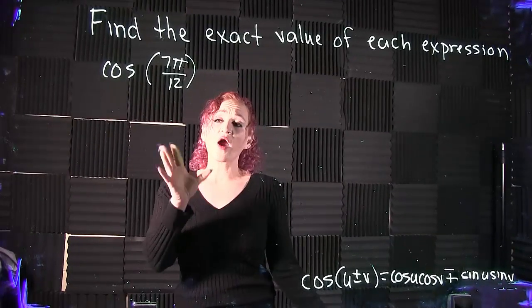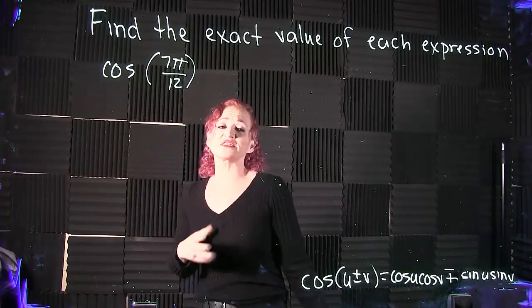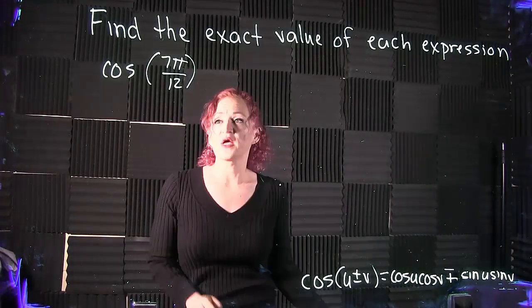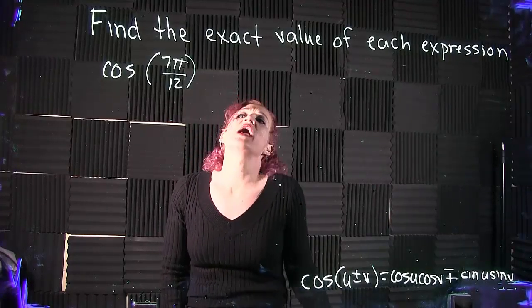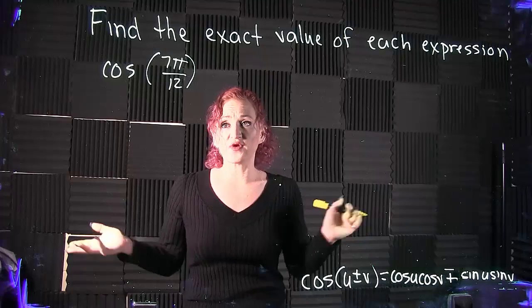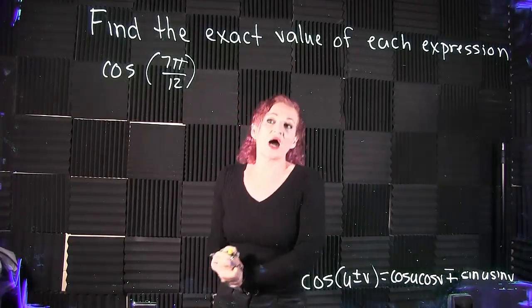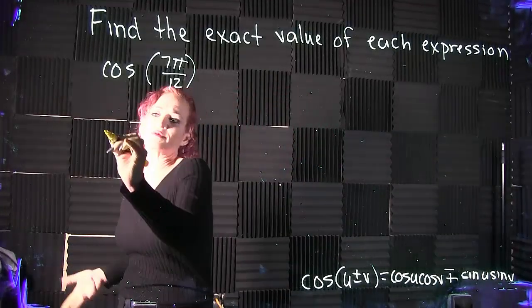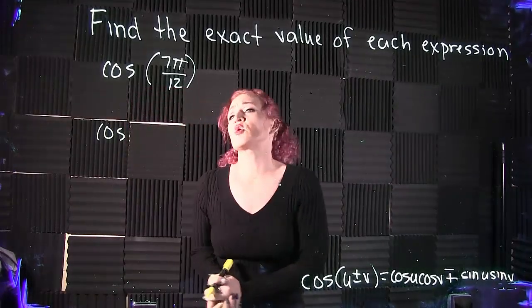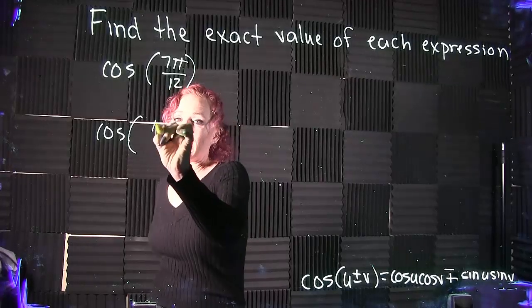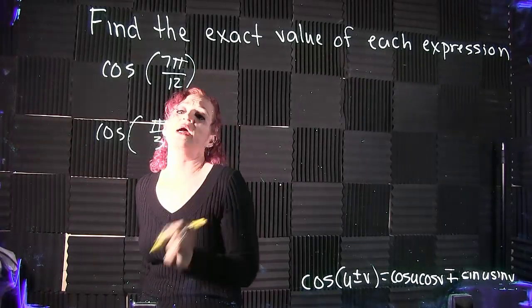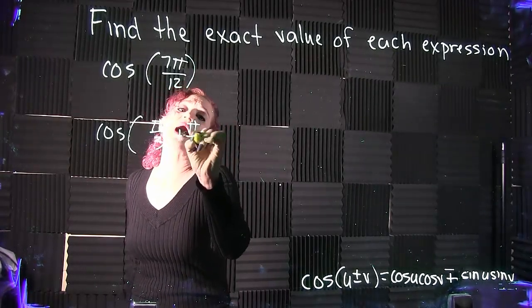For our last example here, we have cosine of 7 pi over 12. Now we need to think about how we can take 7 pi over 12 and split this into two different angles. The ones that come to mind for me is I am going to split this up into cosine of pi over 3 plus pi over 4.